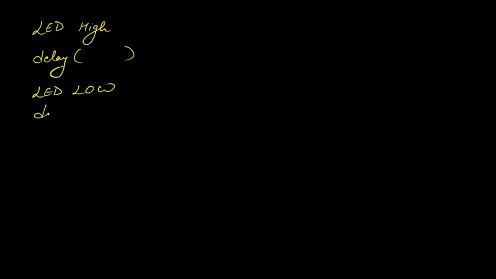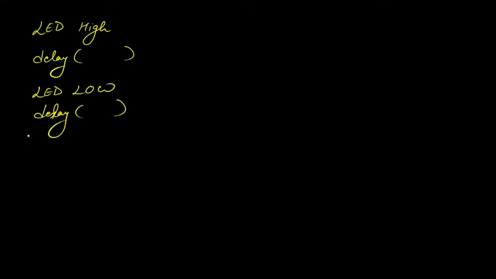So till now, what we were doing is something like this. We made the LED high, then we took some delay, and of course in the delay we put some number, and after that we made the LED low, and then again we took a delay and done.